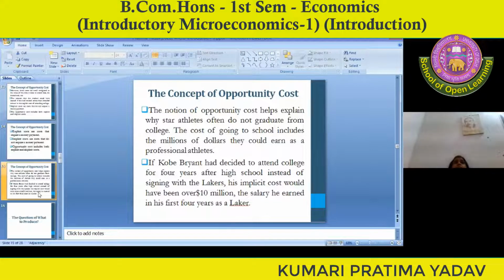Because by the time he was at the age where he could go to college, he had become too famous, in 2007-8. He started getting famous, so he was getting crores of rupees. If he went to college, he would lose that money. Because of that reason, he chose to play cricket rather than go to college. So that is the opportunity cost.